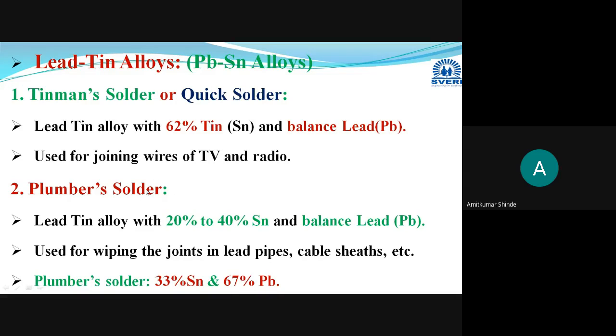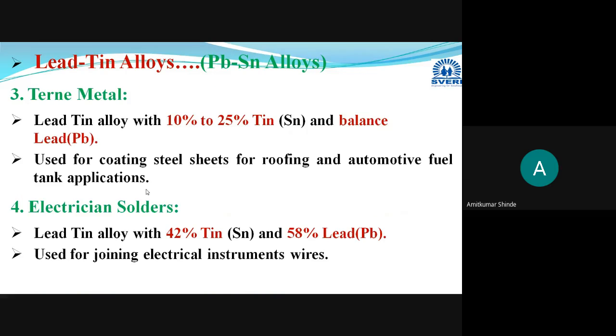Then after this plumber solder, the next solder material is the turny metal. Turny metal is a lead and tin alloy with tin varying in this range, 10 to 25%, and the remaining amount will be lead. And what are the applications here?